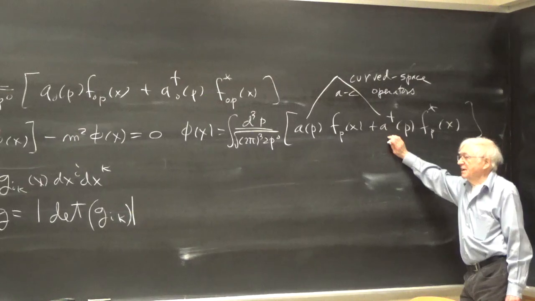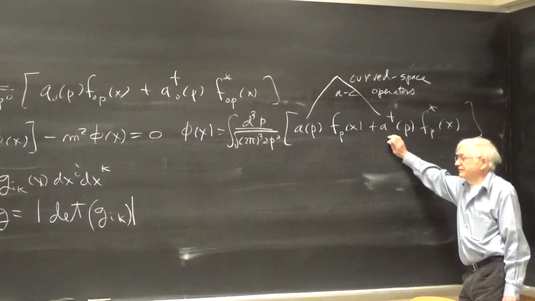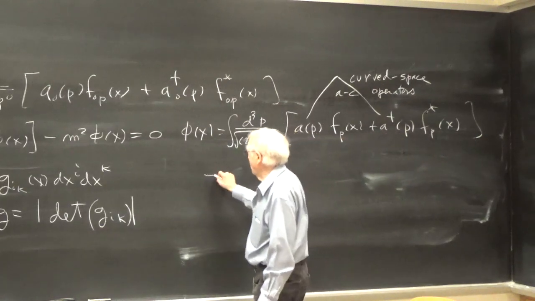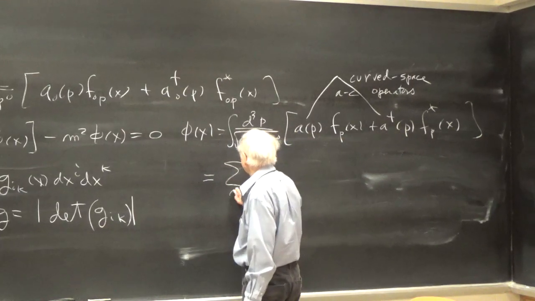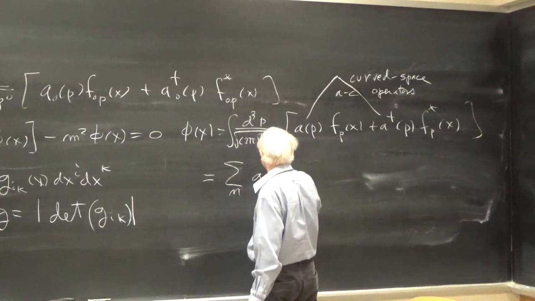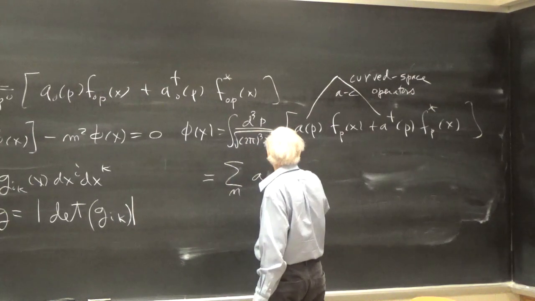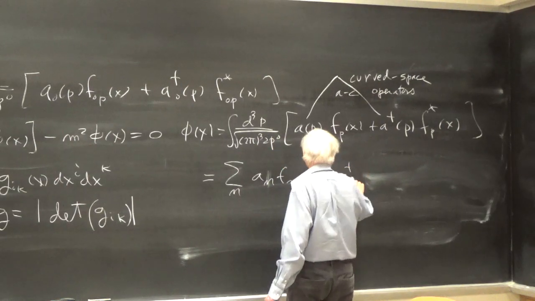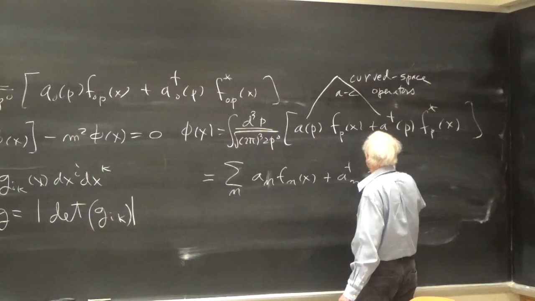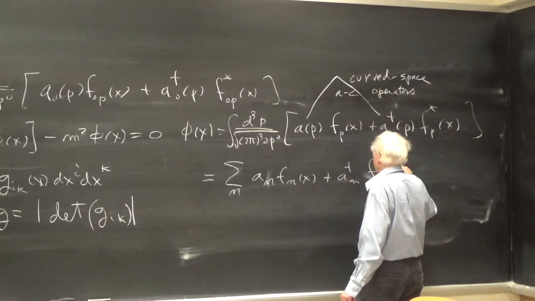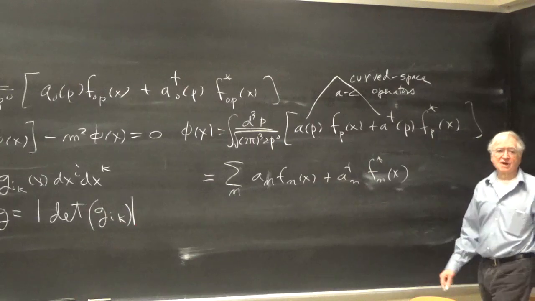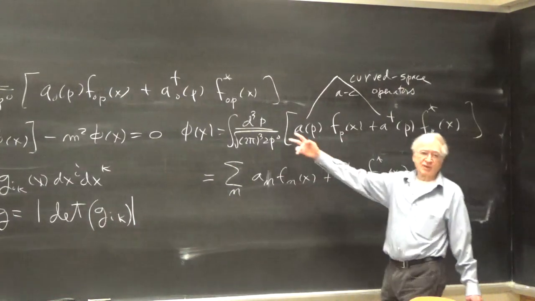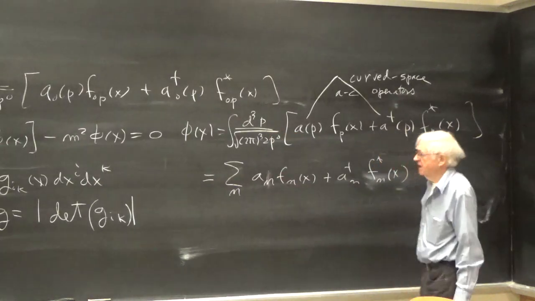One is that what people normally do is write it this way: a_n f_n of x plus a_n dagger f_n dagger of x. And because they just have a sum, they don't say anything about what the measure is, because they're just summing over things.